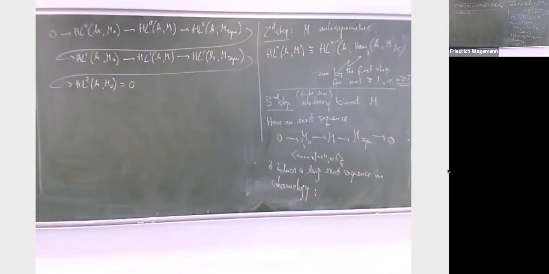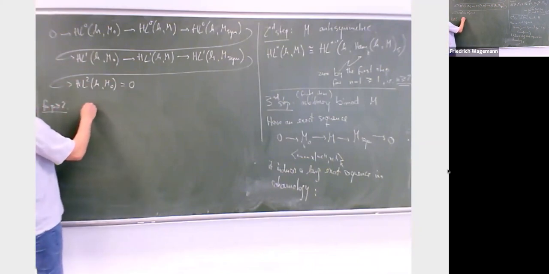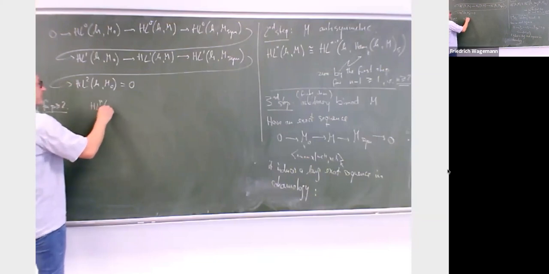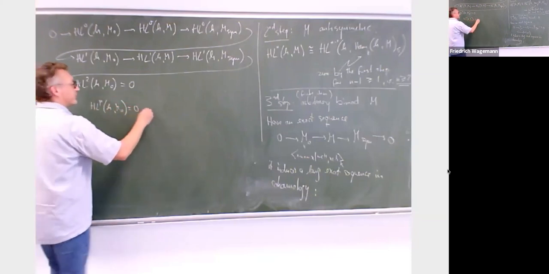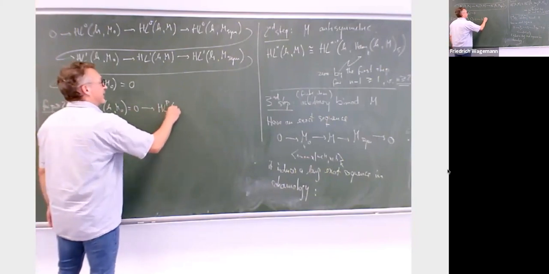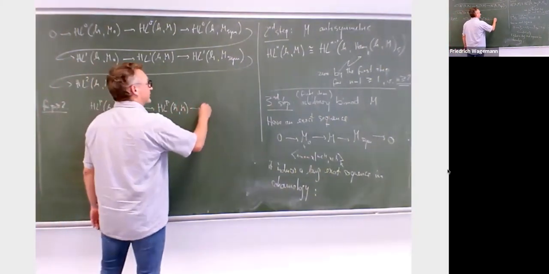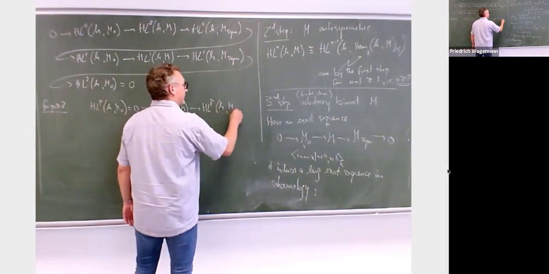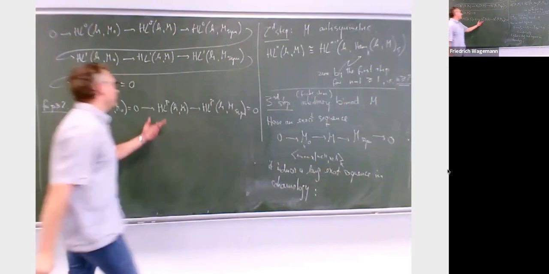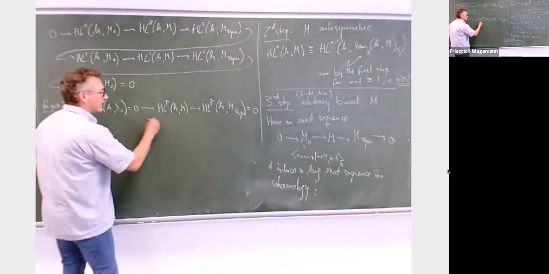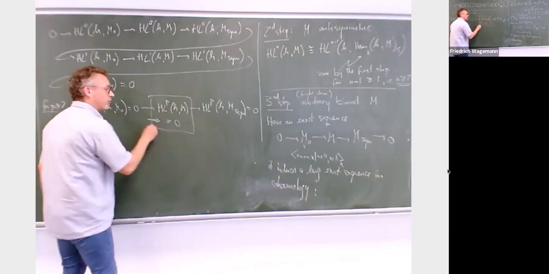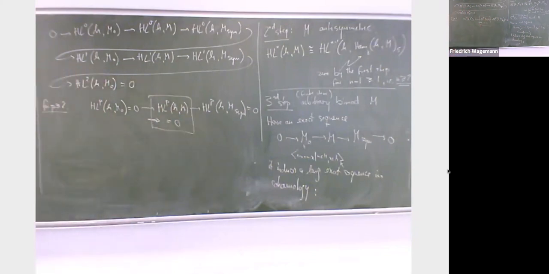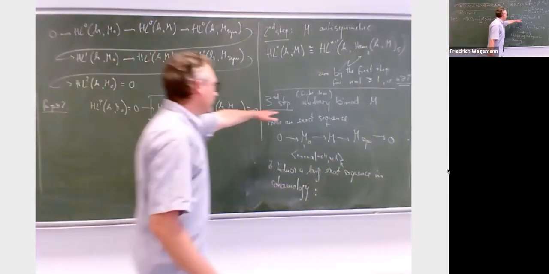Because first of all, for p greater or equal to 2, we have H^p(H, M0), which is 0, goes to H^p(H, M) goes to H^p(H, M_sym), which is also 0. And by the exactness of the sequence, we conclude that this one is 0. This is the first part of the theorem for an arbitrary bimodule now.